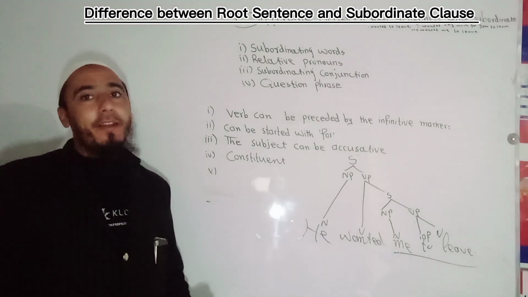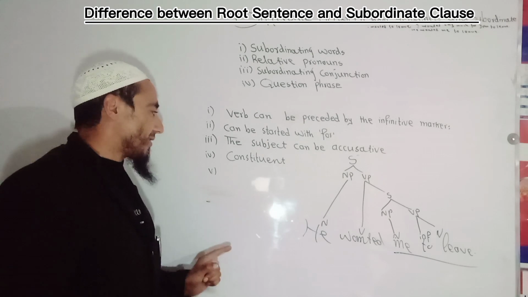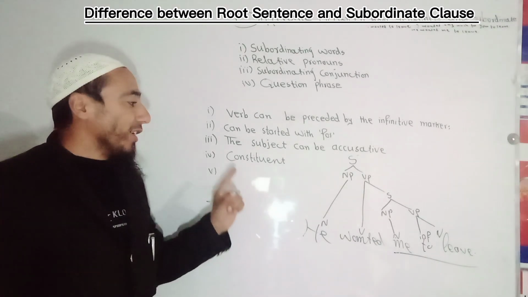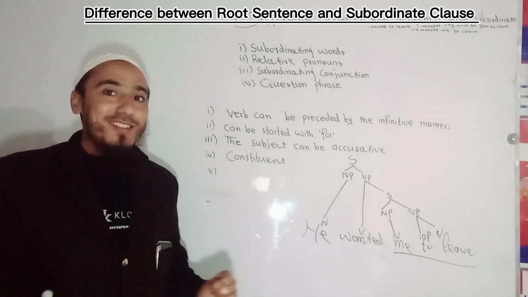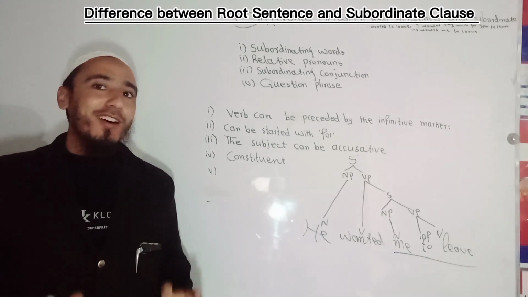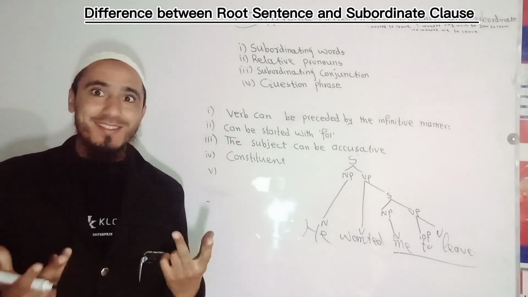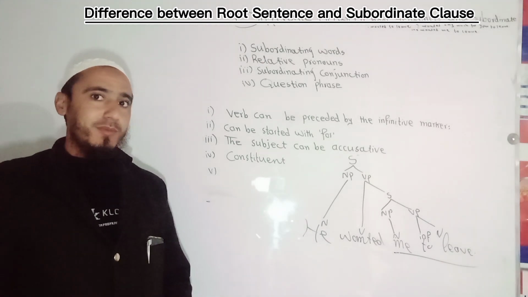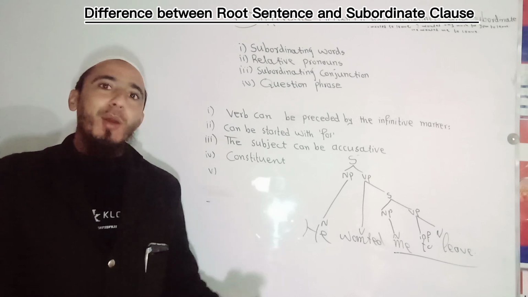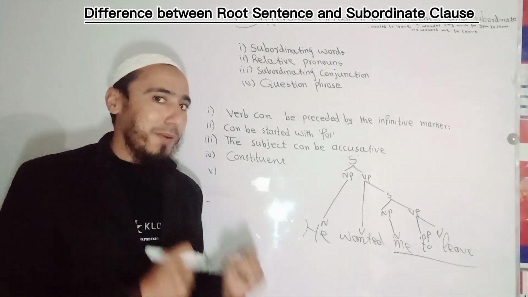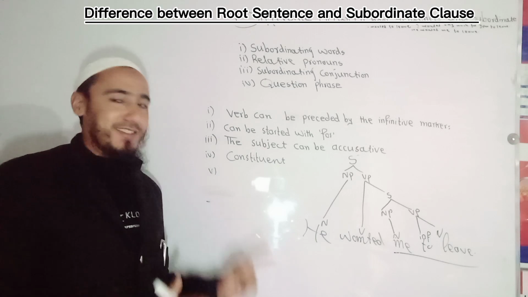There is one point which I would like to mention. It's very, very important: remember that a subordinate clause is actually a constituent. It means that it is a group of words which can move from one place to another in a sentence.